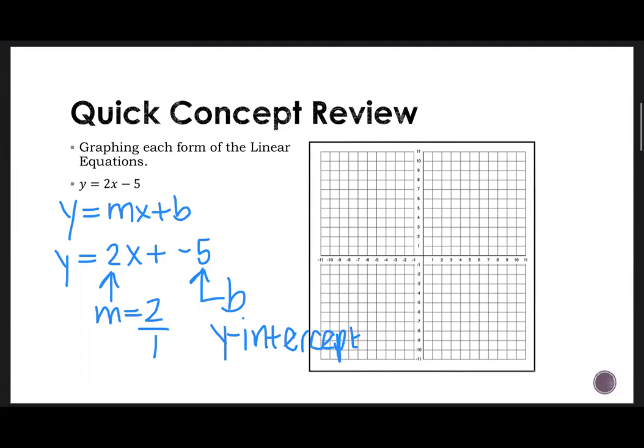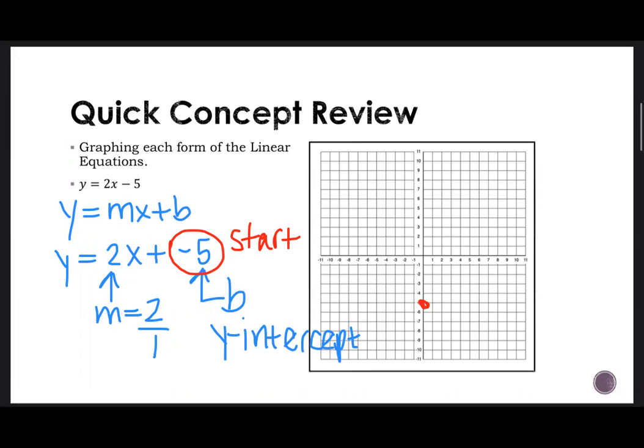So to graph with this form, we can take this -5 and we're going to start there. So on the y-axis, we're going to count down to -5 and make a point.